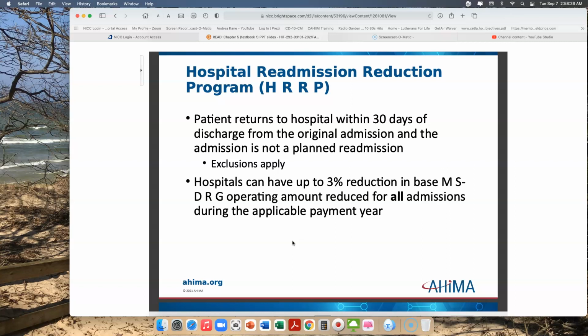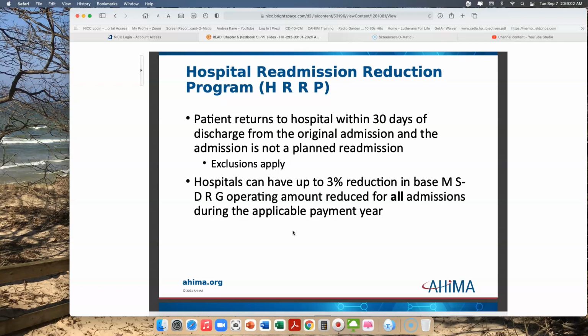Let's say that you have a patient who comes in for a planned hip replacement. And they go home, and within 30 days, they're readmitted, but this time they're readmitted for a surgical site infection where that hip replacement was done.